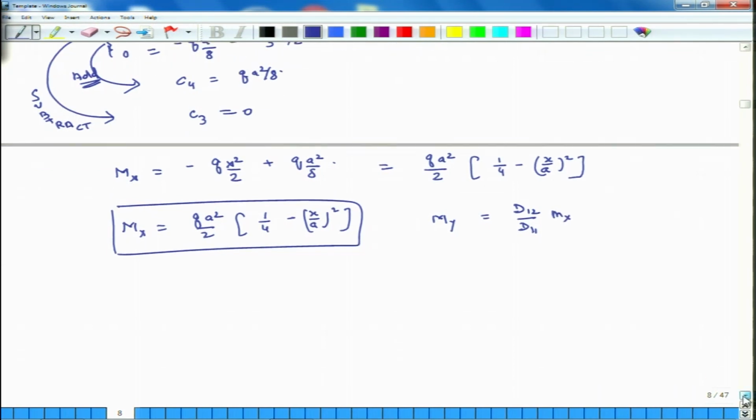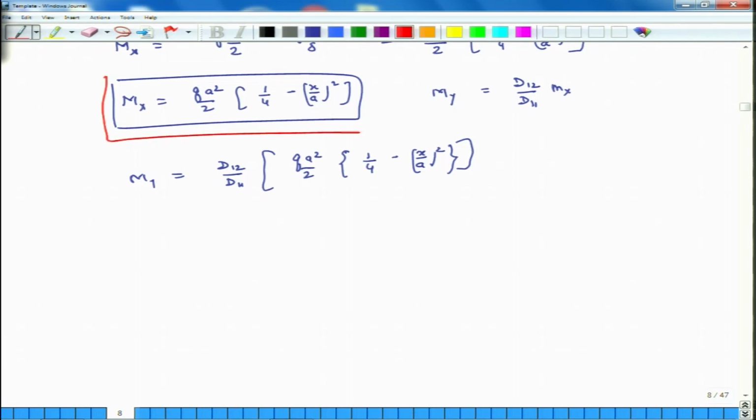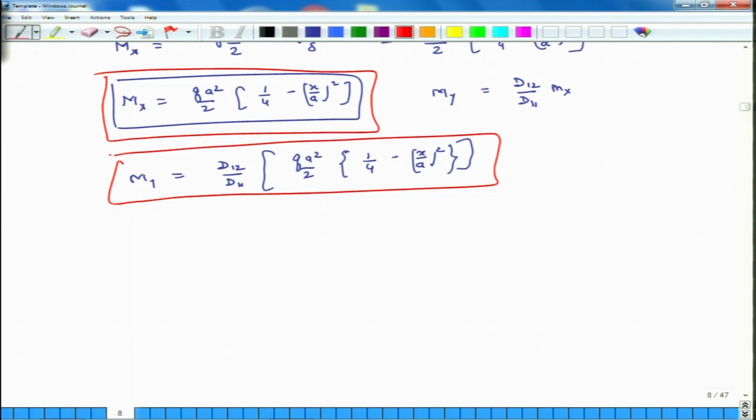So, I can write my equals d12 over d11 times q a square over 2 times 1 by 4 minus x over a whole square. This is another relation.